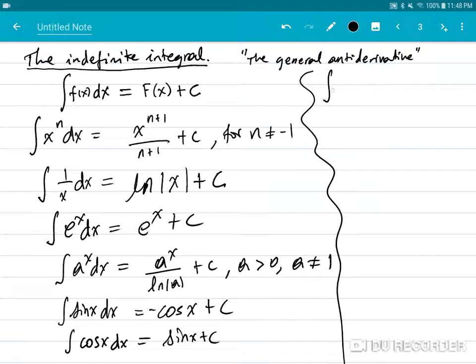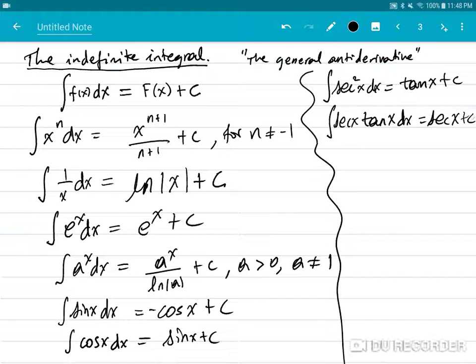The integral of sec squared x dx is tangent of x plus C. The integral of sec x tan x dx is secant of x plus C. The integral of cosec squared x dx is minus cotangent of x.